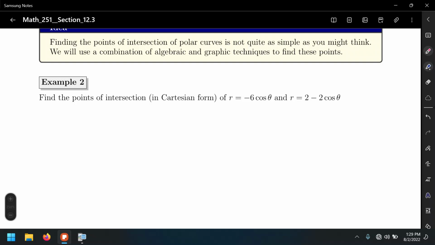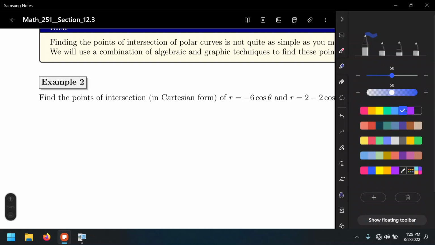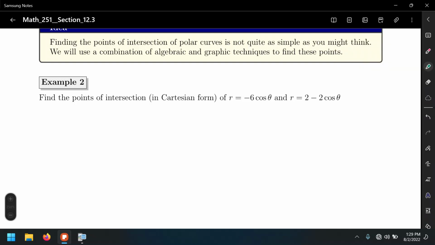And there's an important point right here before getting to the exercise. We will use, and it is very, very important, not just algebraic techniques, but also graphic techniques, as you will see some of the issues here.